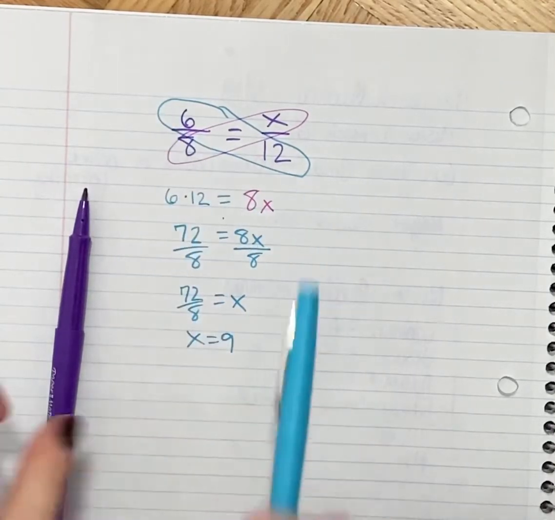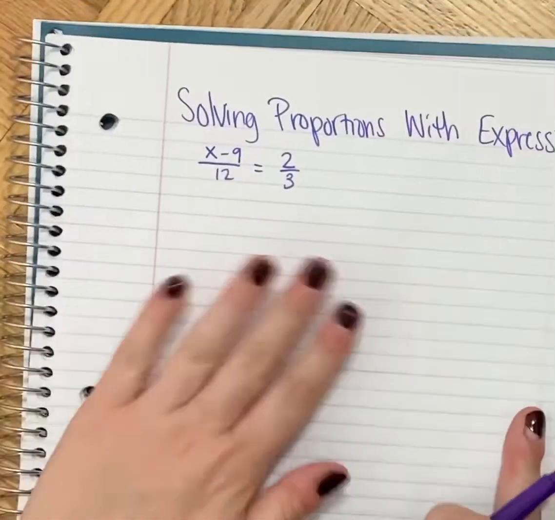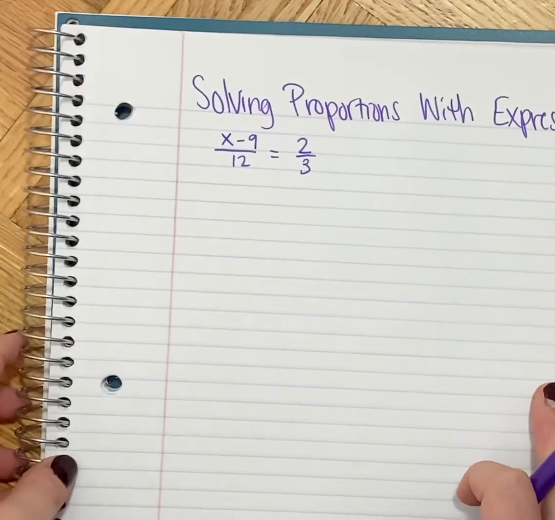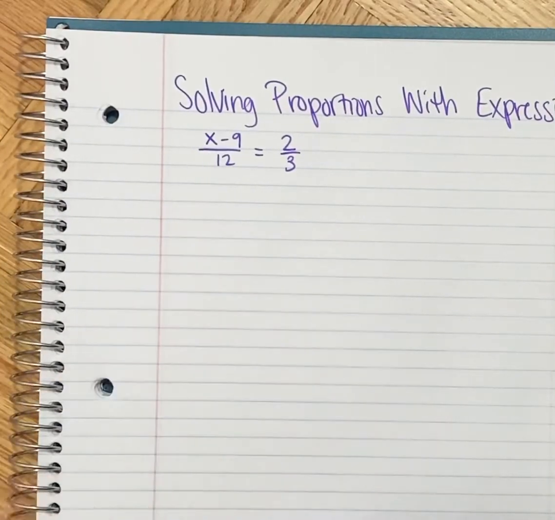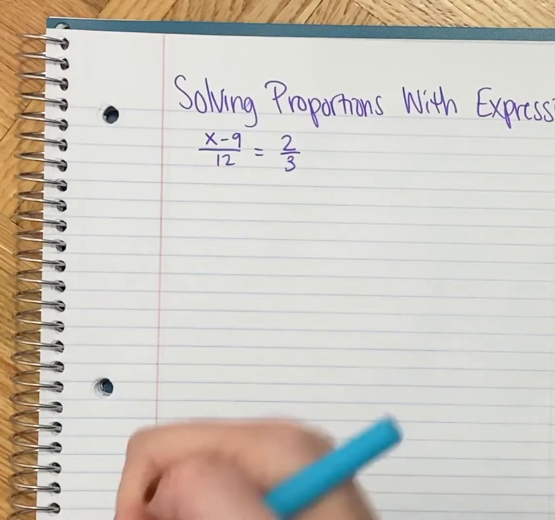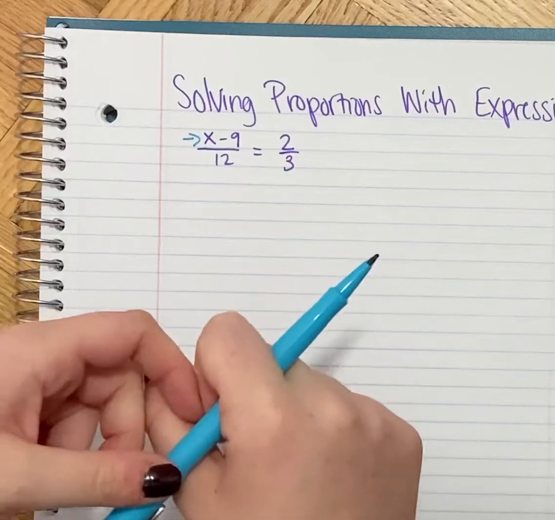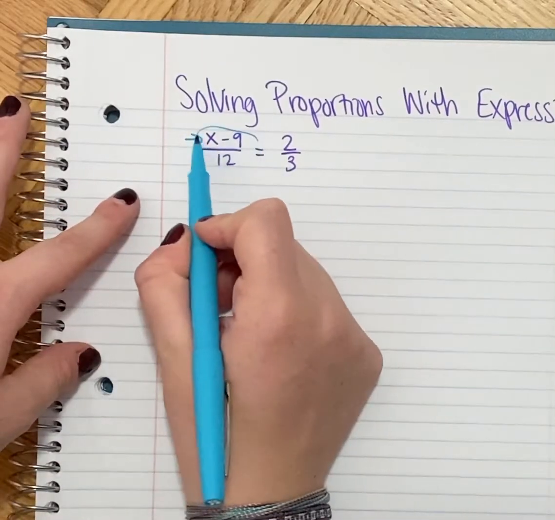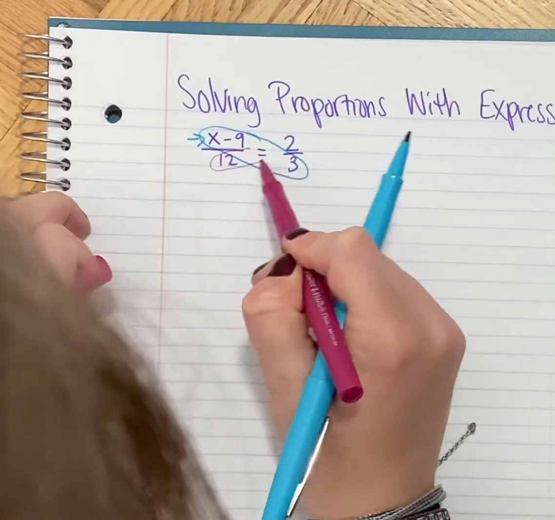We're cross multiplying, so today we're doing the same thing, just ramped up a little bit. So, solving proportions with expressions. If you notice here, we have our expression next to this arrow, x minus 9. We're still going to follow the same steps, cross multiplying here and here.